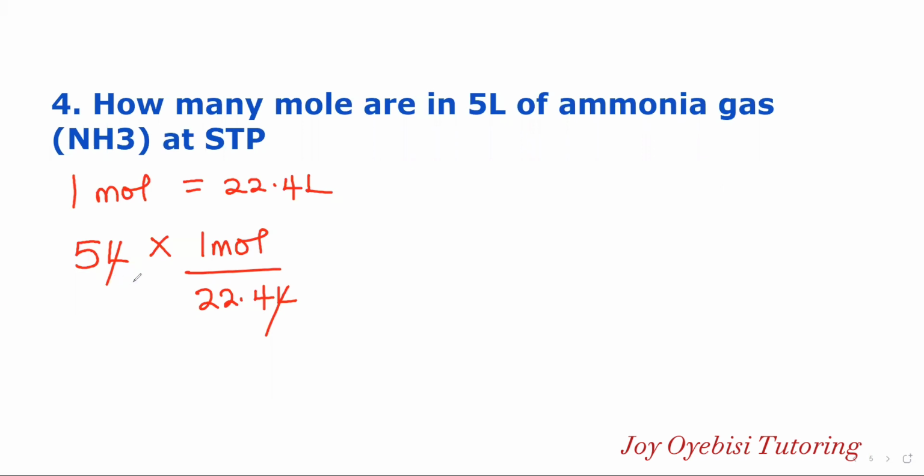So you have 5 divided by 22.4. So 5 times 1, then divided by 22.4. And that is going to give us 0.2 moles. Now you might be wondering why I stopped at 0.2 moles. It's because you have only one significant figure given to you, so you want your answer to also be to one significant figure.